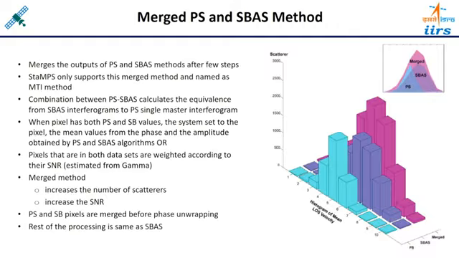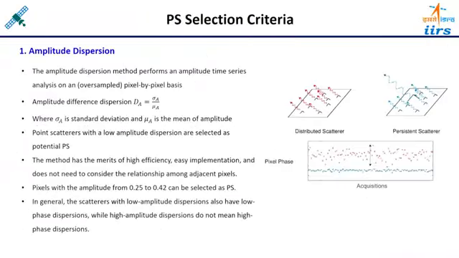In fact, the outputs are not directly combined. Initially some steps are performed over the PSI and some steps over the SWAS. After those basic steps, the outputs are combined and the rest of the processing chain is performed on both outputs together, so that the overall performance of the joint processing can be enhanced.